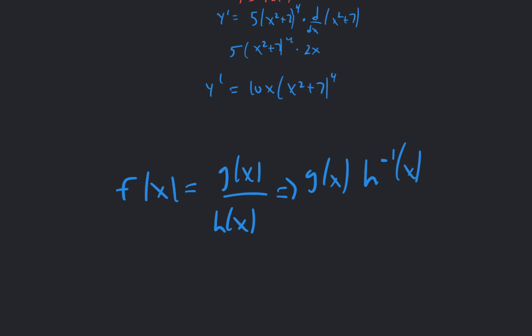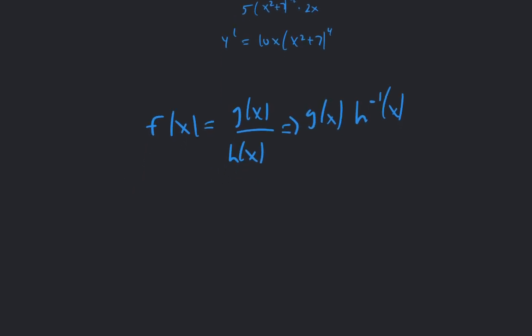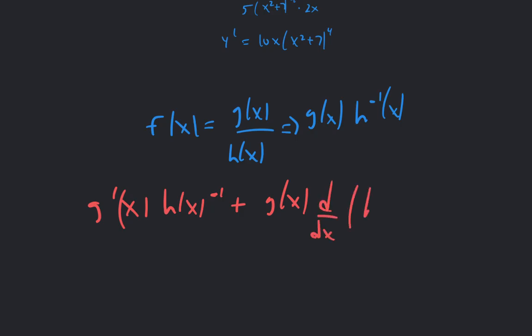And we can find the derivative of this now by using the product rule and the chain rule. So we take the derivative using the product rule, g prime of x, h of x inverse plus g of x, the derivative of h of x inverse.